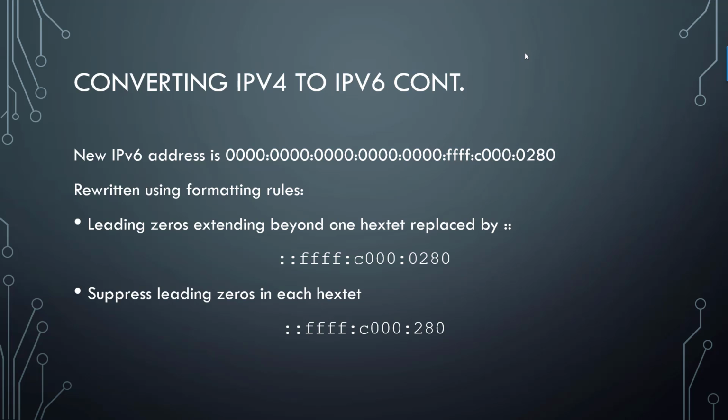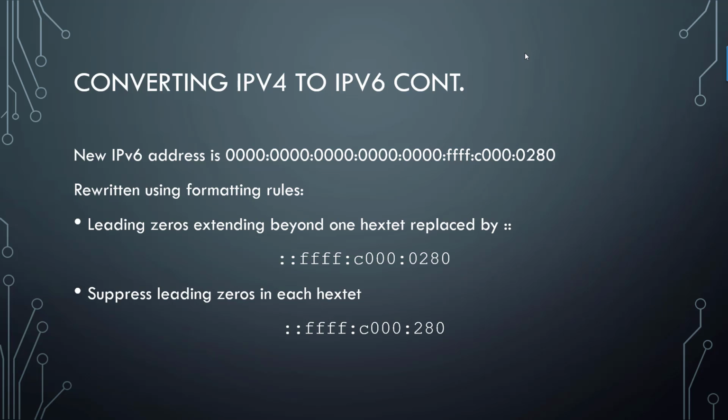Okay. So now that we have that new address for our old IPv4 network address, we can rewrite it using our zero suppression rules by eliminating the leading zeros.